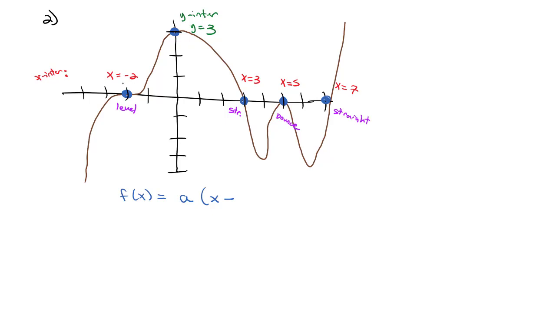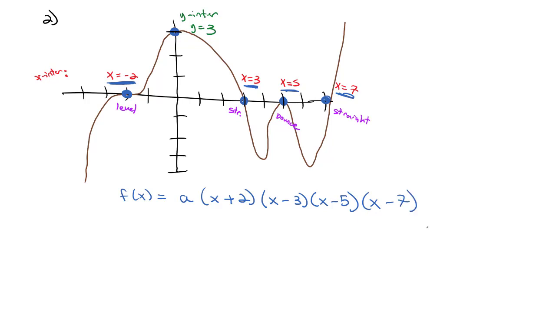So if the first x-intercept is -2, x minus -2 becomes x plus 2. Then my next one's at x equals 3, so I'll do an x minus 3. X equals 5, I'll do an x minus 5. X equals 7, I'll do an x minus 7.